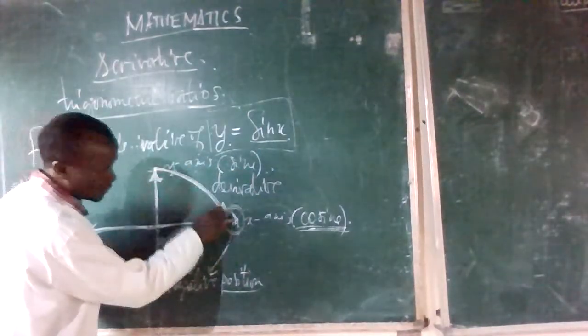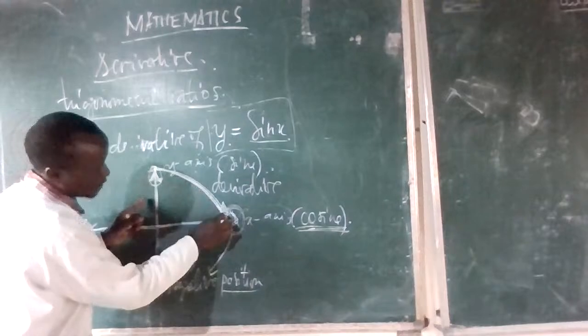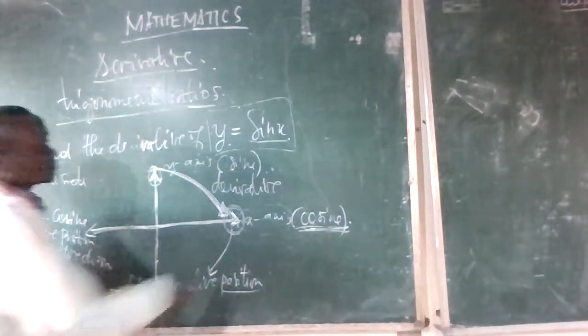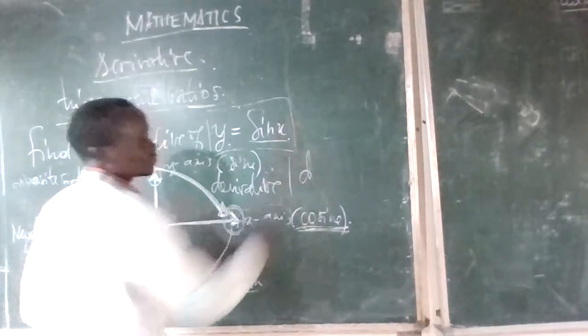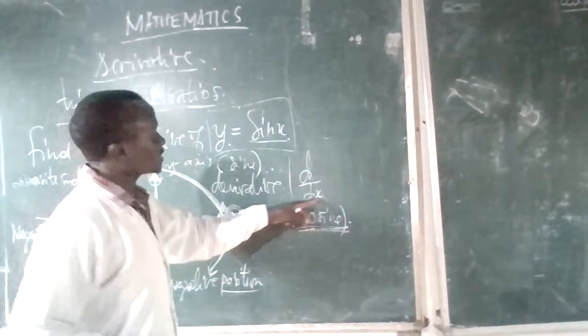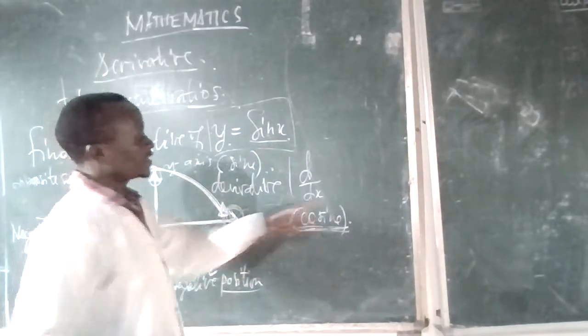You come down, please, from here where we have a vertical. We come down up to this line where we have cosine. It means that the derivative, yes, we are making a derivative with respect to x, because here we have x, we have to focus on this x.